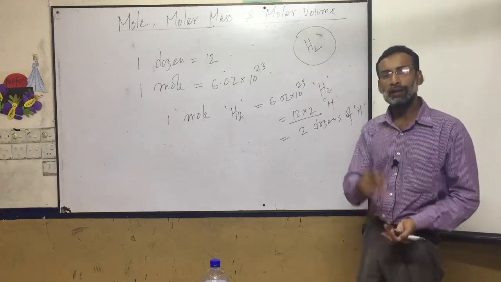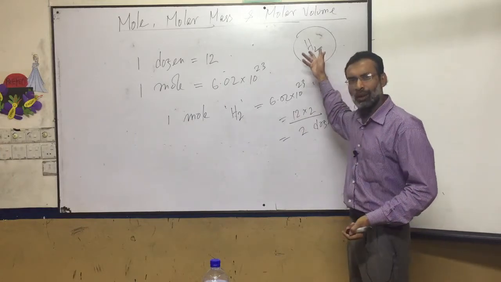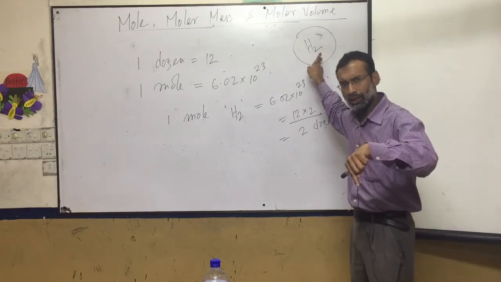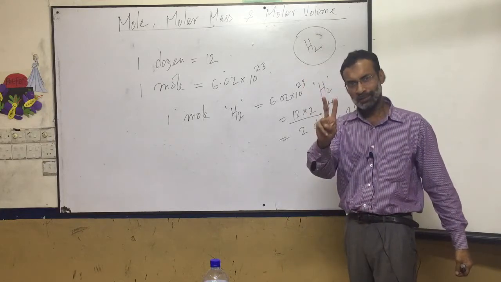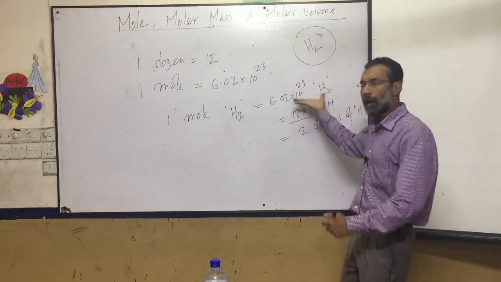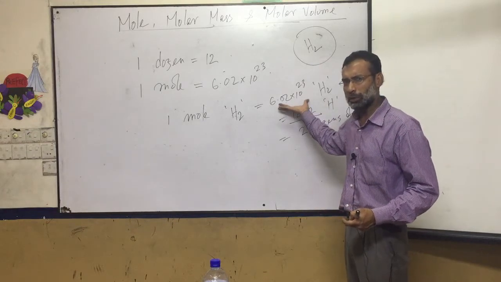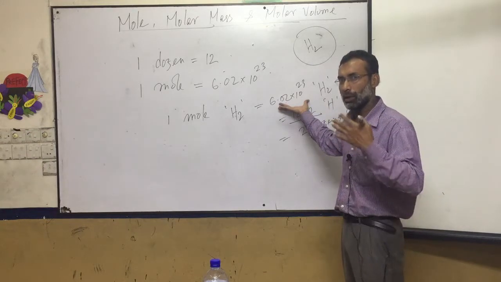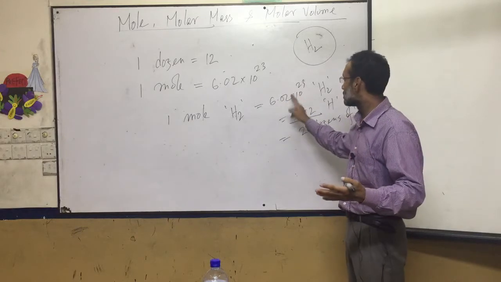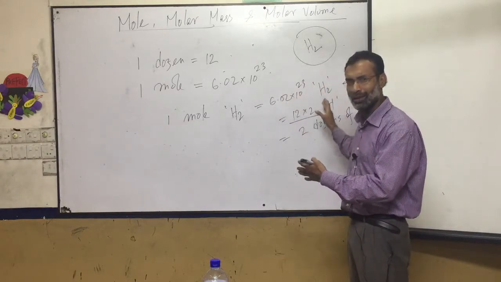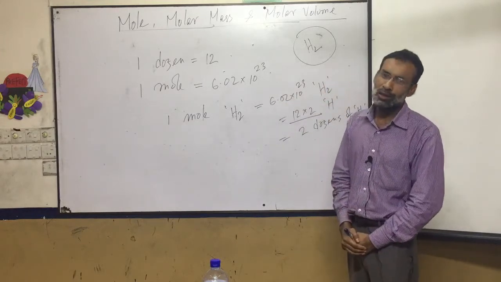Okay. Now look at hydrogen again. 1 molecule consists of 2 hydrogen atoms. How many molecules do I have this time? The Avogadro number, 6.02 times 10 to the power 23 molecules. How many atoms are there?